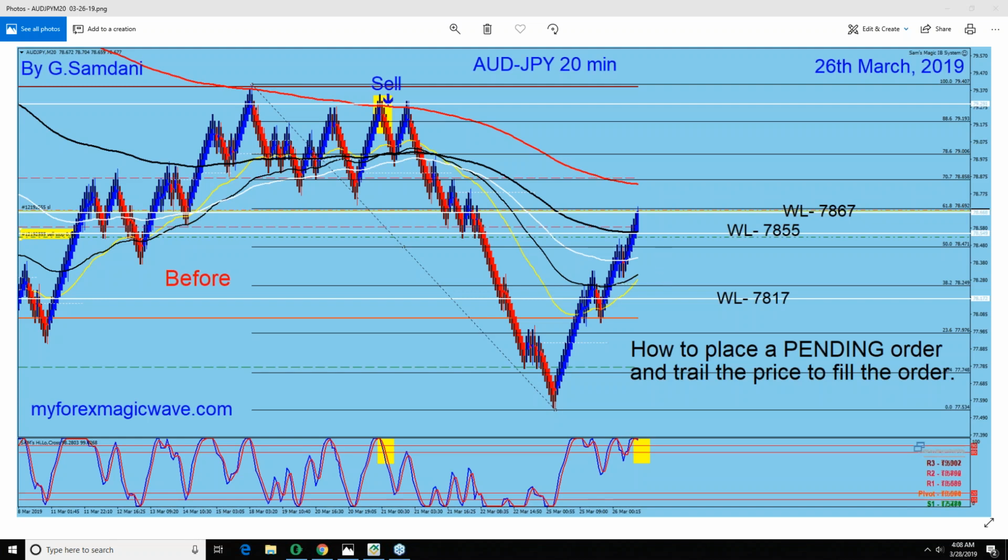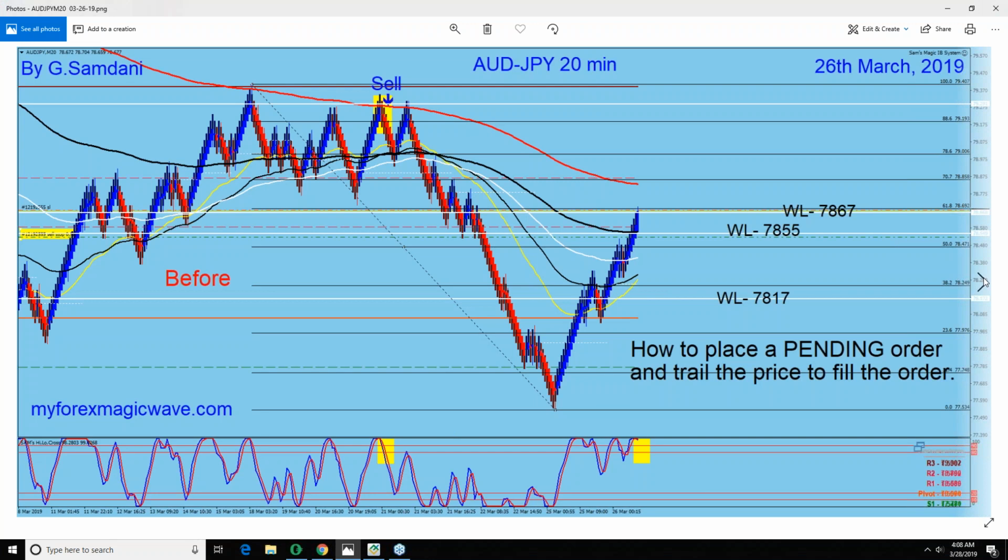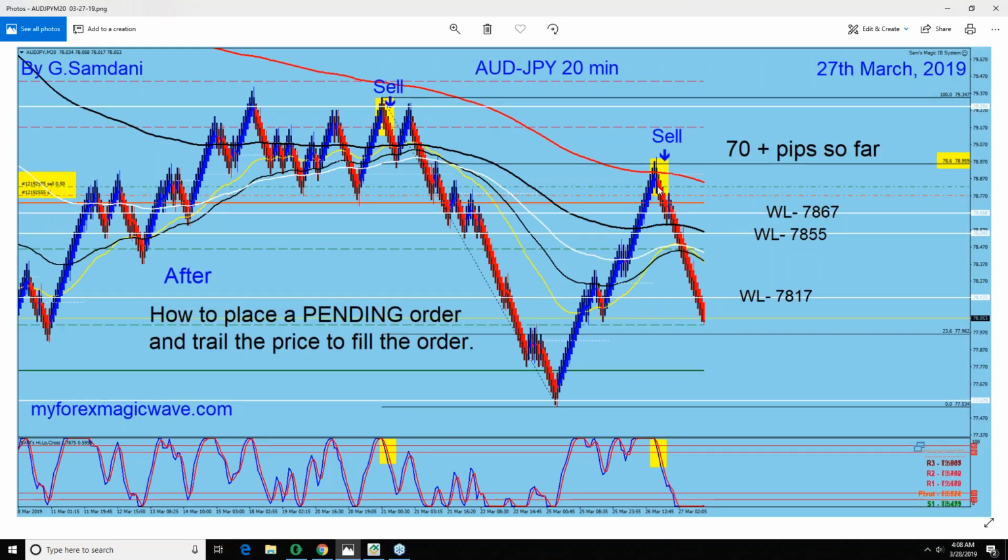So what happened to this trade as of today? Let me just show it to you. Where did it go? Okay, here. You see that? It went up to 78%, as I was thinking it might, and it did, right? And then, while I was moving my pending order, all of a sudden it started dropping, taking my entry and going all the way down here.